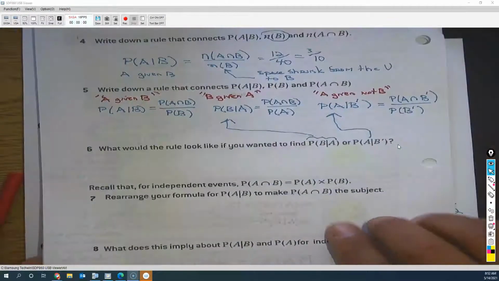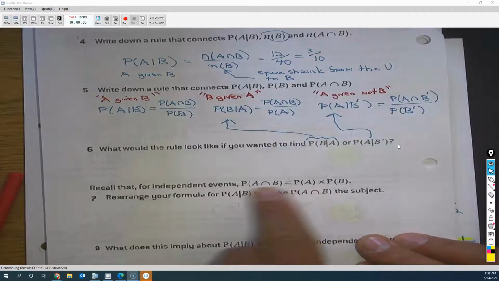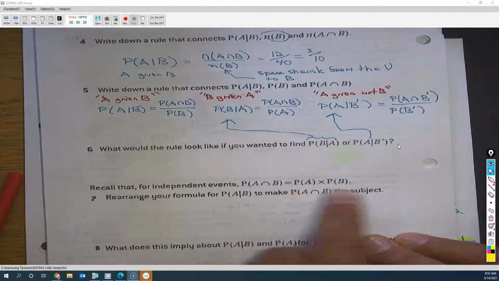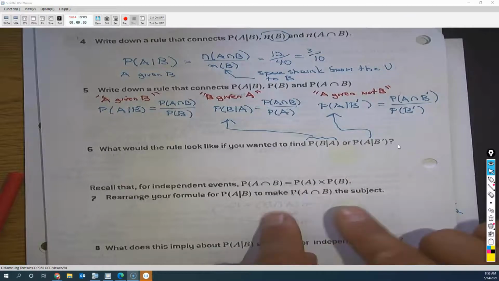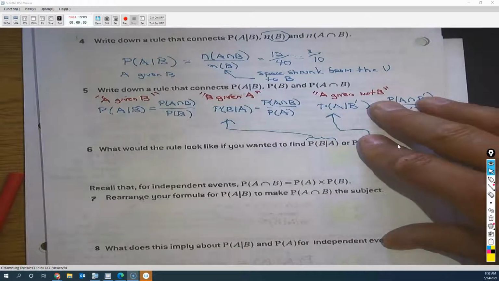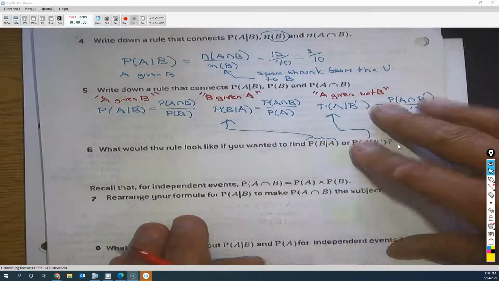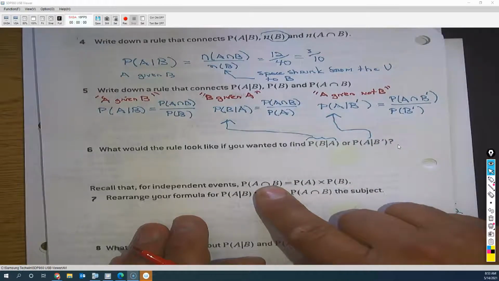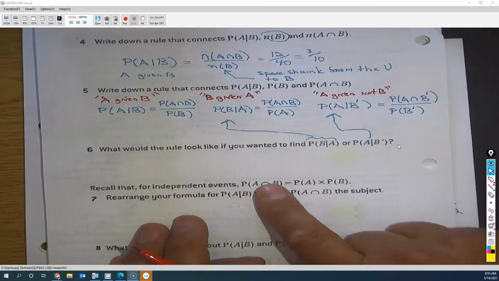So we already have this rule. Now, you can only use this rule if they're independent. If they're dependent, then we have to have another way of calculating the intersection.